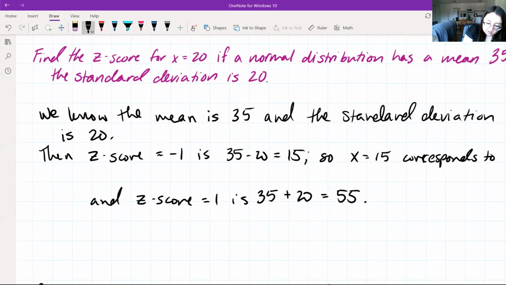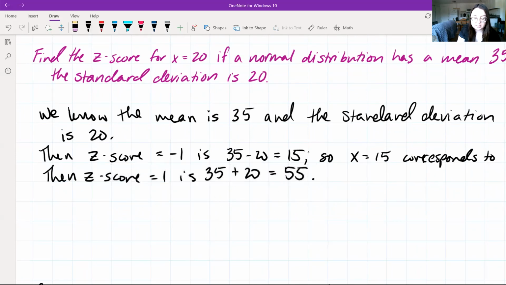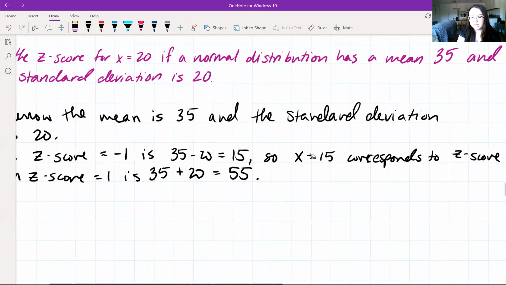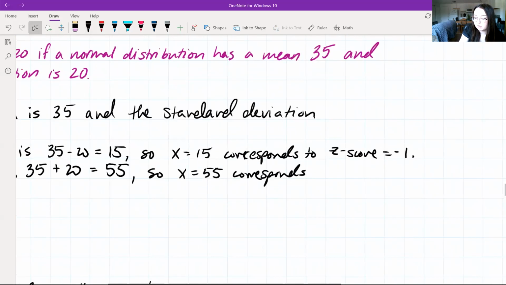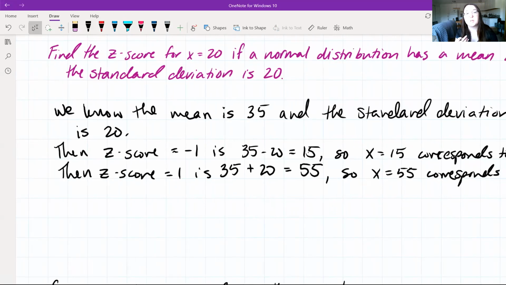Then we can say the same thing. And then we can move our second point that we had here. So then we say our z-score, a positive one, is 35 plus 20 is equal to 55. So x equals 55 corresponds to the z-score 1. And we're trying to find the z-score for x equals 20.